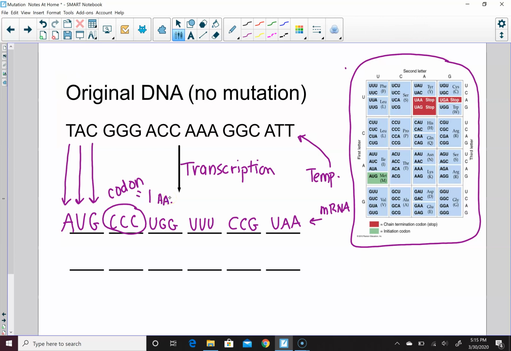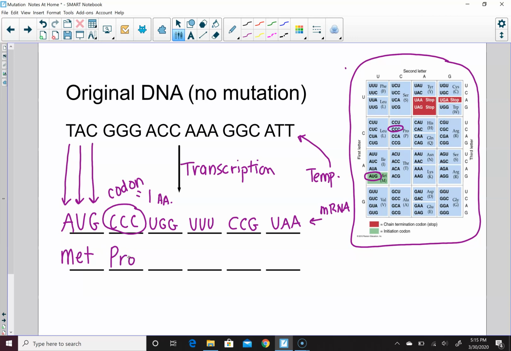You're not going to need to know the names of the amino acids, but let's say, for example, AUG. We go and find it on the chart, and it's right over here, AUG. The amino acid is MET, or methionine. Once again, you do not need to know that. Now we go on the chart, and we find 3 C's. And 3 C's are going to be right there. It's going to be pro.